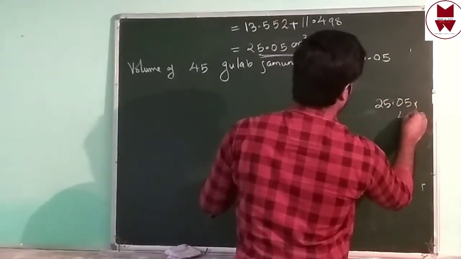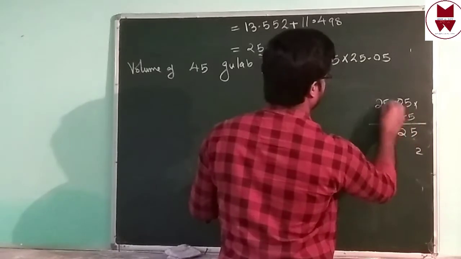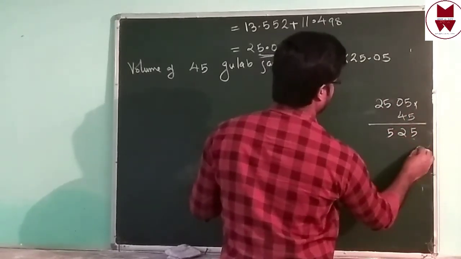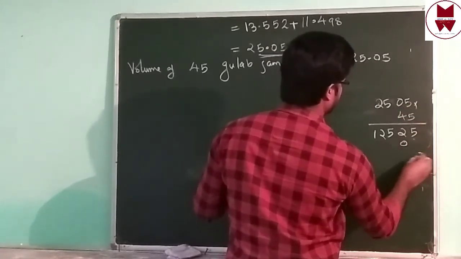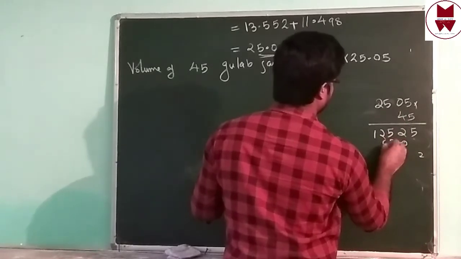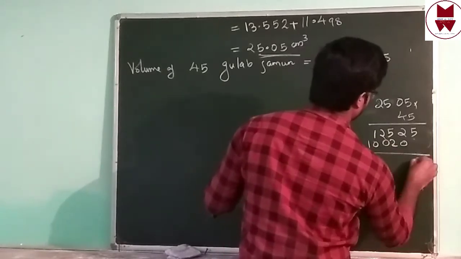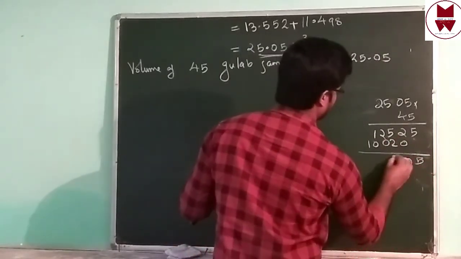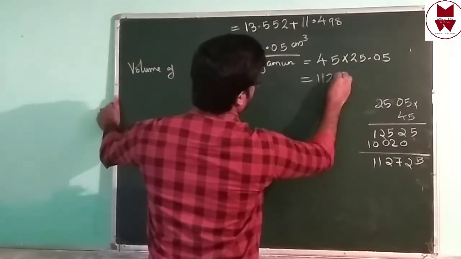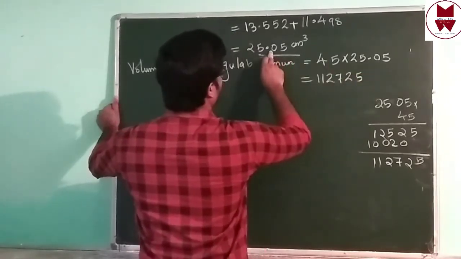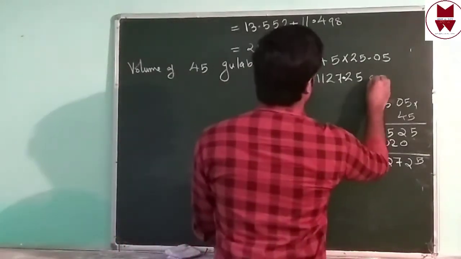After the point 2 numbers here, you will get 1127.25 centimeter cube.